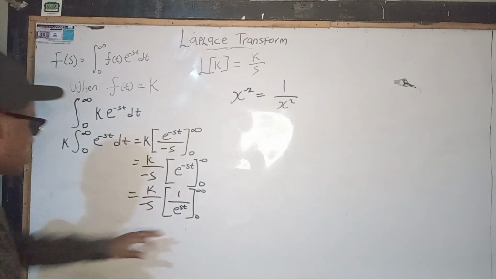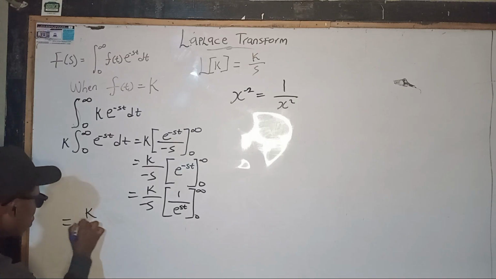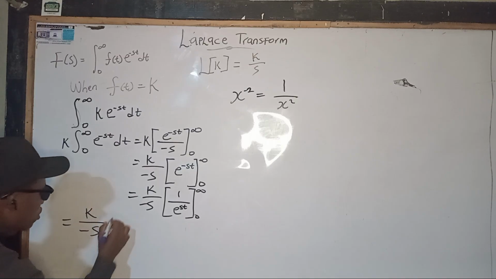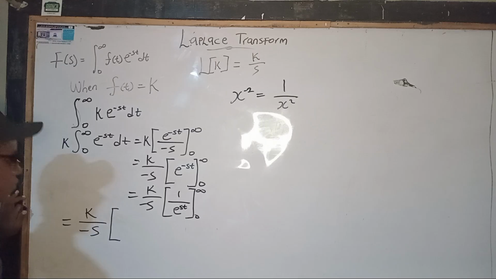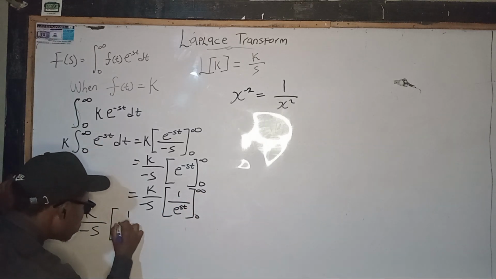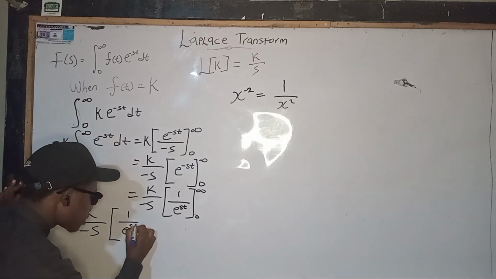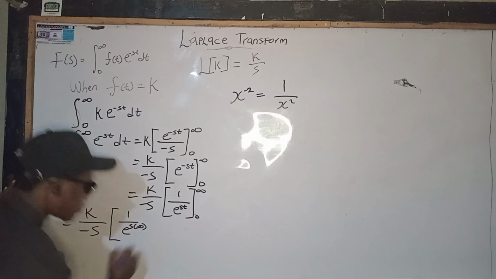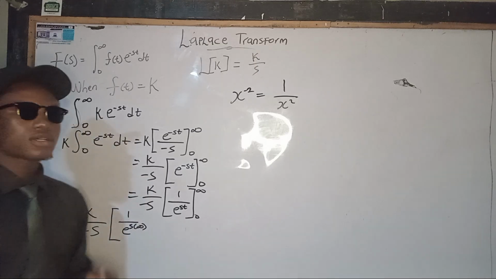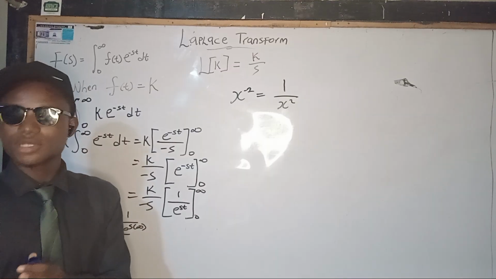So now we input our values. We are going to have k over minus s, and when this is infinity, we have 1 over e raised to power s times infinity. Now, what you need to know is that 2 times infinity is equal to infinity, 1 million times infinity is equal to infinity.